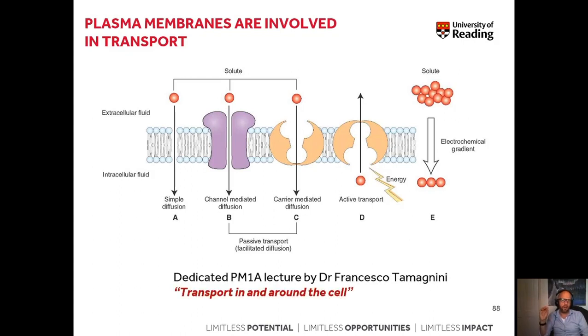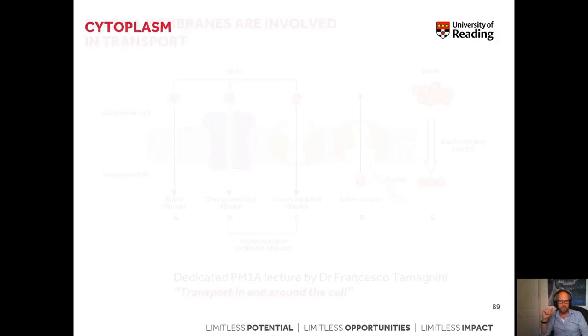But this is something Dr. Francesco Tamanini will talk to you about later in his lecture dedicated to transport in and around the cell. For today, it's sufficient for you to remember that plasma membranes not only surround the cell, but they are also involved in passive and active transport of molecules in and out of the cell.